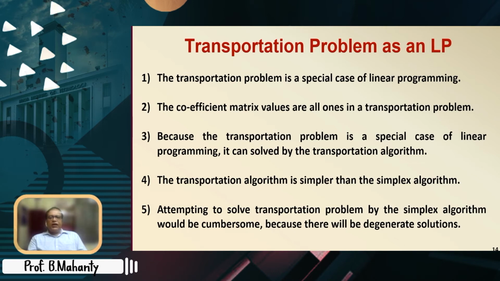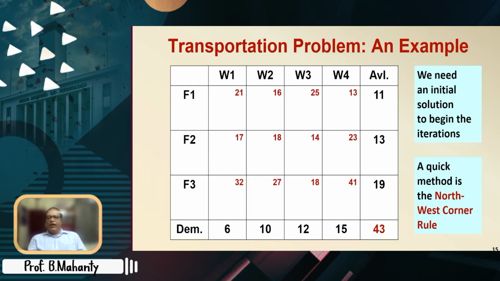The transportation algorithm is simpler than the simplex algorithm. Attempting to solve transportation problems by the simplex algorithm would be cumbersome because there will be degenerate solutions. All right, invariably there will be too many zeros if you try to solve transportation problems by the simplex algorithm. So we have to have a separate transportation algorithm.